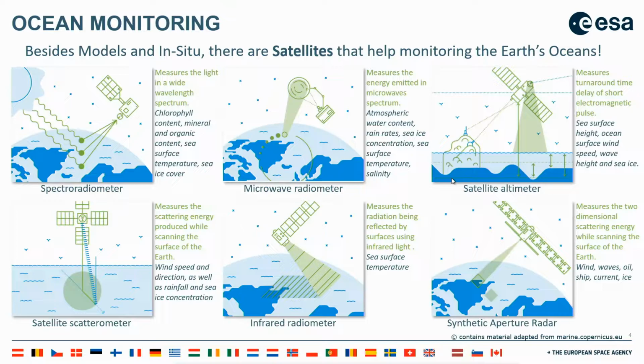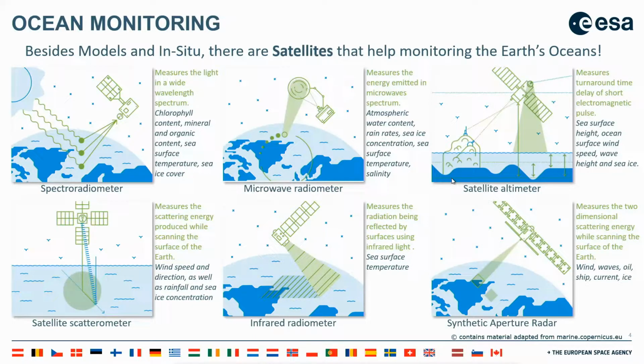Today we are talking about SAR, but it is not the only sensor used for ocean monitoring. We have spectral radiometers, which measure light in a wide wavelength spectrum and are used for chlorophyll content, sea surface temperature, and so on.